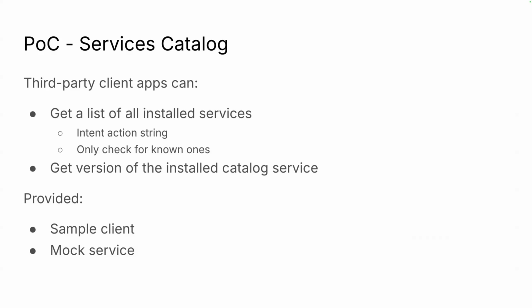At the moment, this is just one, but again, we want to keep this as flexible as possible so that more services can be installed, but each car manufacturer can have the flexibility of, first of all, which one to implement, and second, how to implement it.